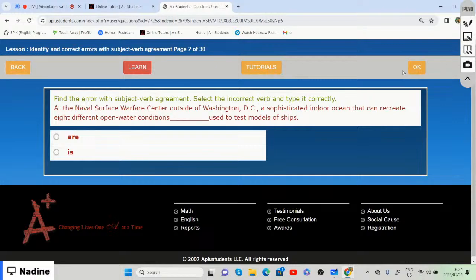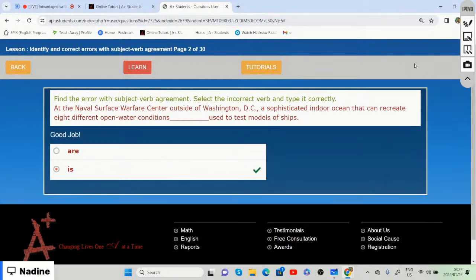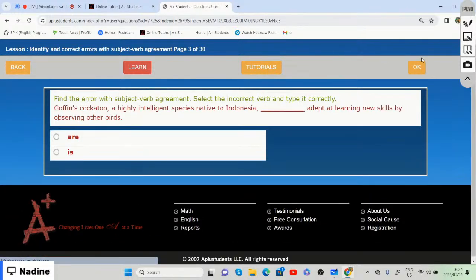Because it says at the Naval Surface Warfare Center, a sophisticated indoor ocean. So which means that we're going to say is used to test model ships. And is correct. So well done.